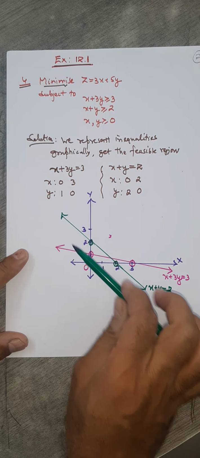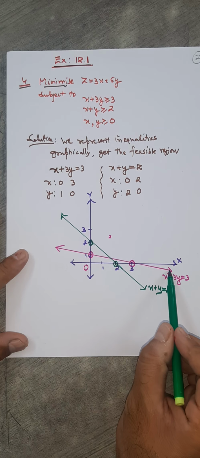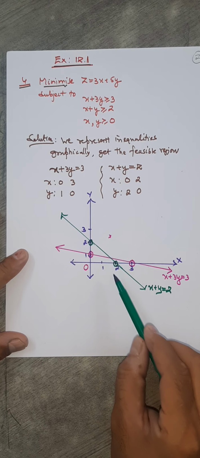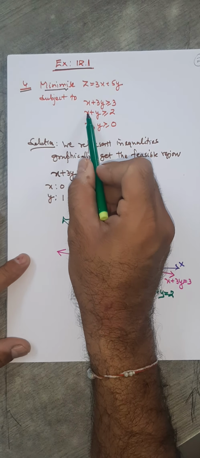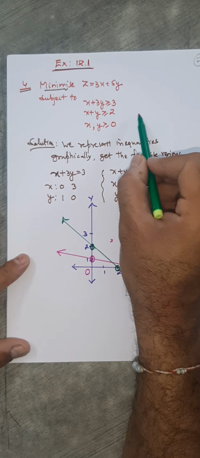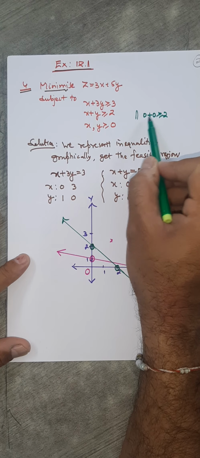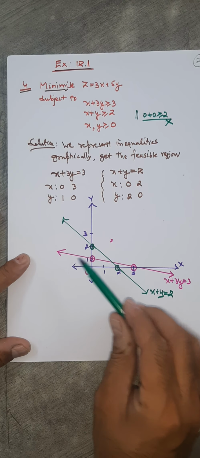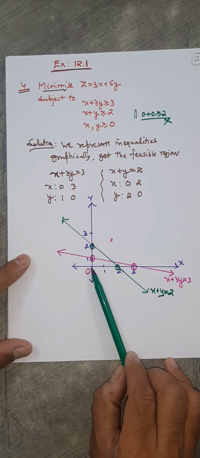Now again, whether it is this region or this region. For the first line, it is the above region. Above region means this is also included. What about the second line? Check for 0, 0: 0 plus 0 greater than or equal to 2. Is this possible? No, this is not possible. That means not the region where the origin lies, it is not the required region.